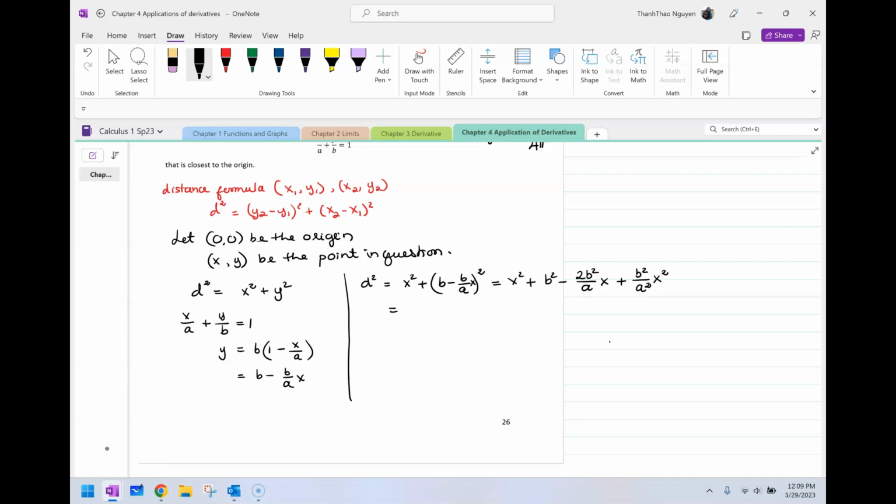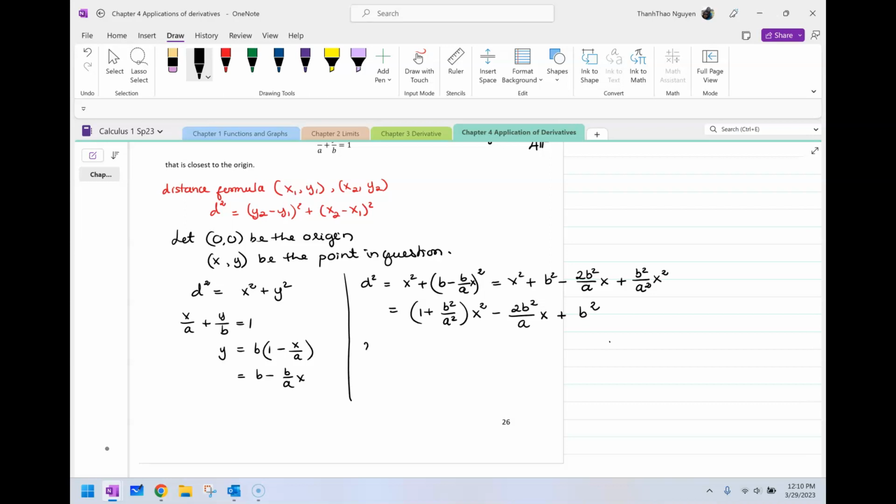So then we have d squared equals (1 plus b squared over a squared) times x squared minus 2b squared over a times x plus b squared. We can take the derivative of both sides.